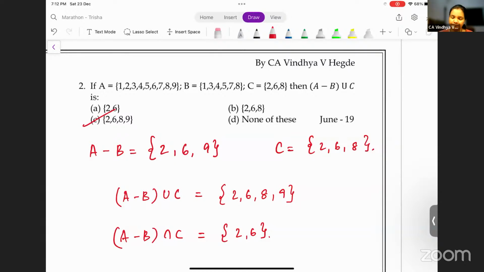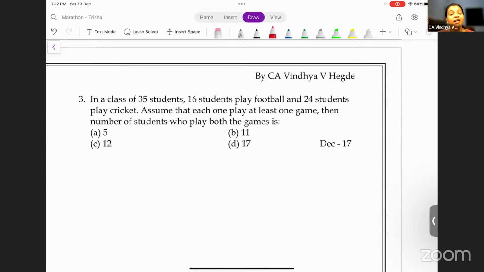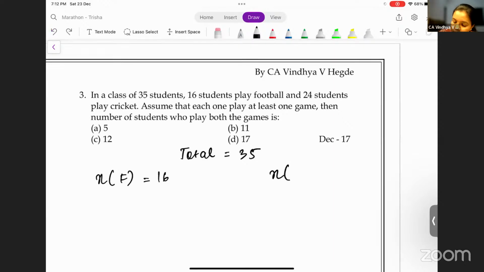I hope this is clear. We go to the next question. In a class of 35 students, 16 students play football. So N of football is 16. Total is 35, correct? 24 students play cricket, so N of C, let us consider as 24.